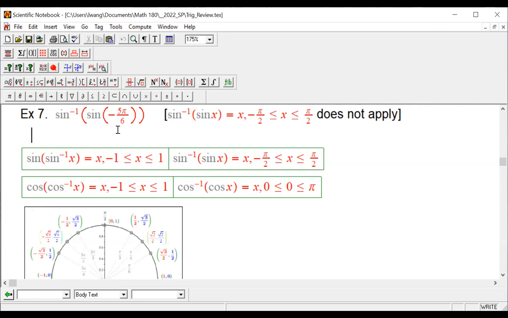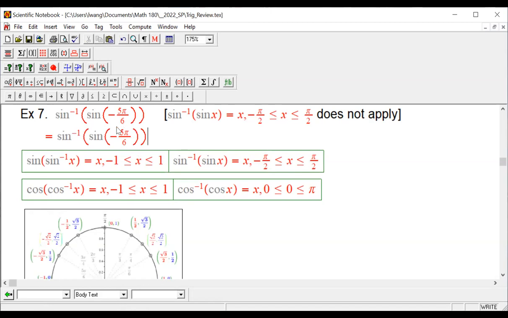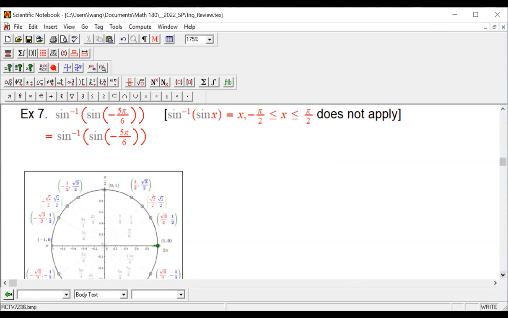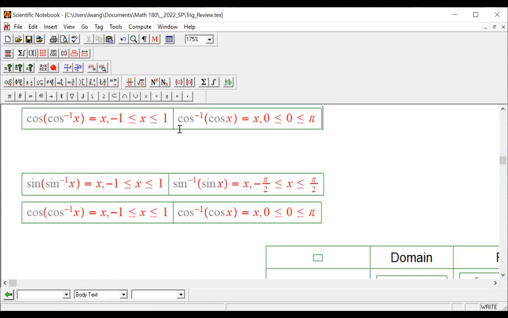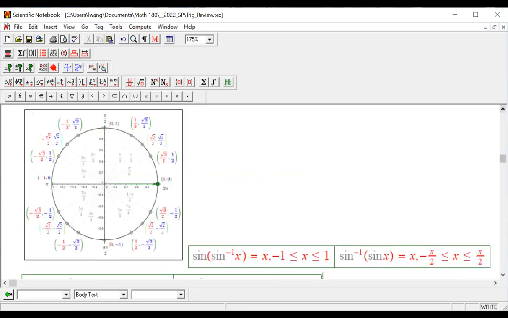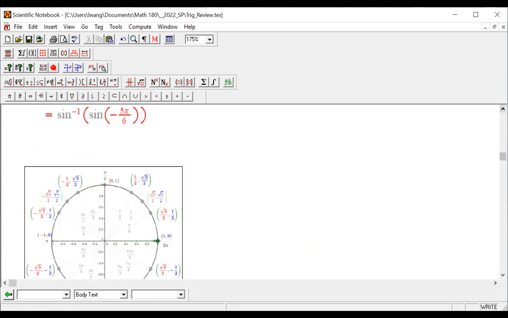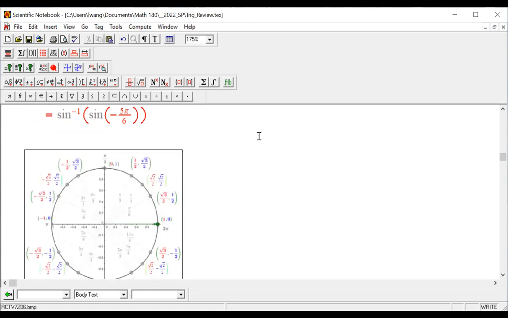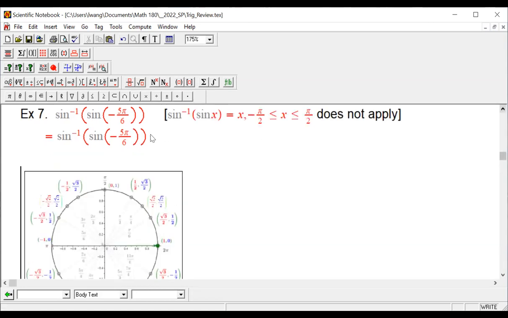Well, if it doesn't apply, you can do it from inside out. This is not the only way, okay? So you just have to measure negative 5 pi over 6. How do we get sine of negative 5 pi over 6?